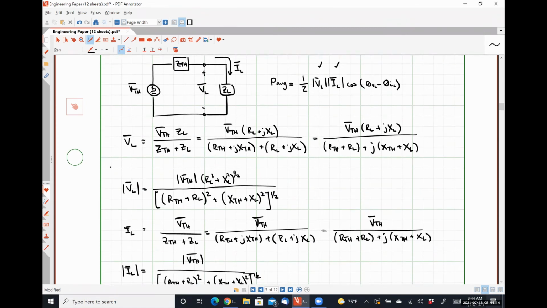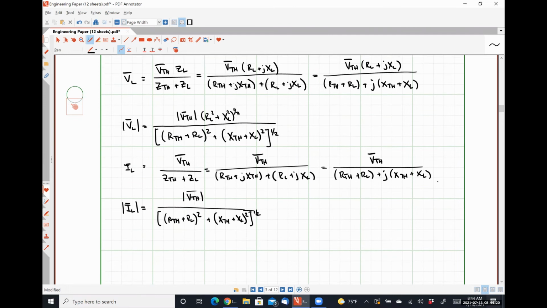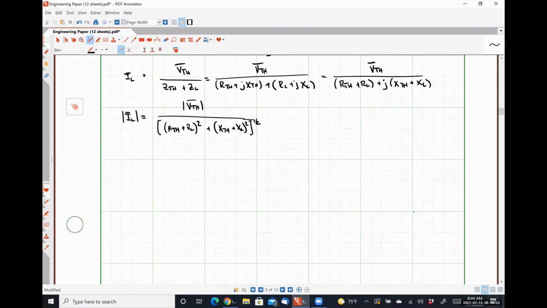The cosine term, so cosine of theta VL minus theta IL, is a little bit difficult. So if I plotted, and here I'm making an assumption that does not remotely need to be true for this to work, but I'm going to assume that my load impedance ZL is both resistive and inductive. So if I plotted my impedance on the complex plane, this would be ZL.